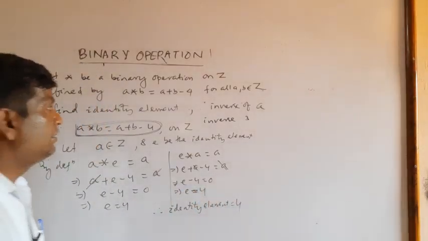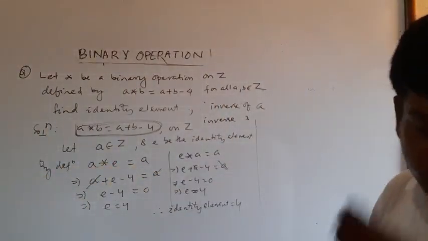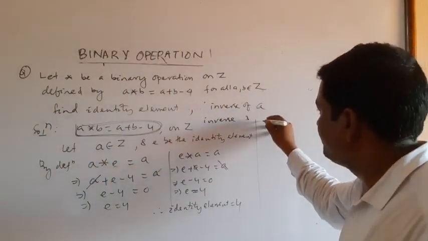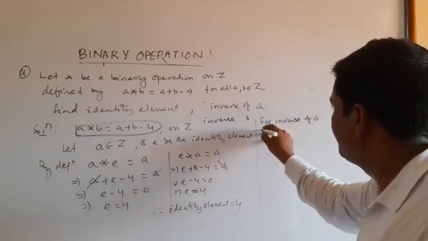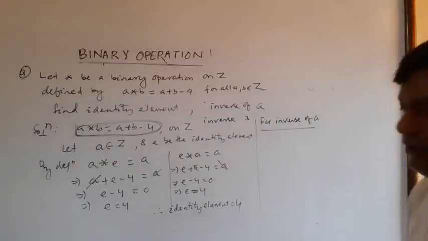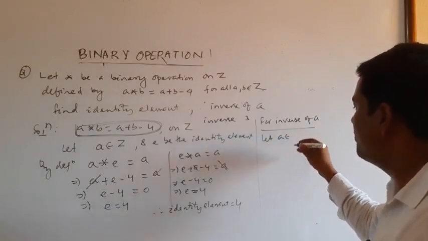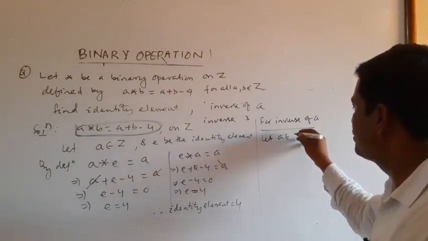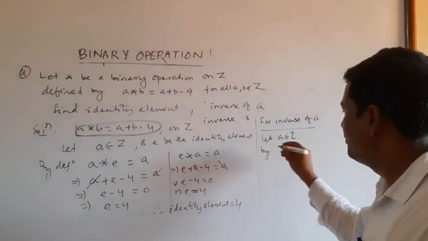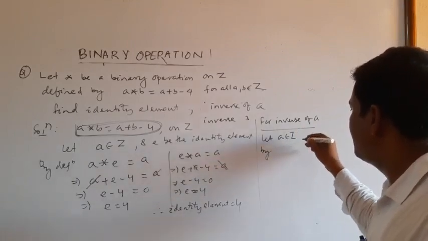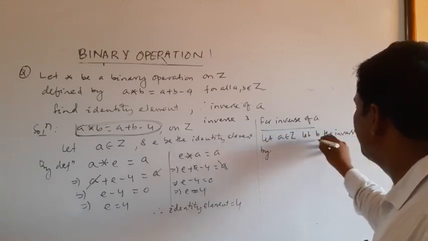Now for the inverse element, the inverse of the element a. Let a belong to the set Z. By definition, let b be the inverse of a.